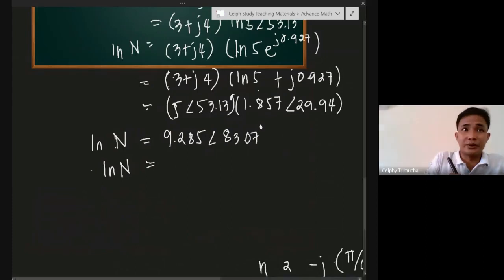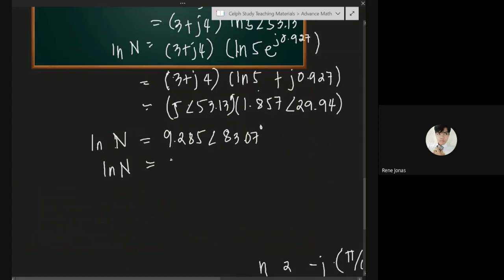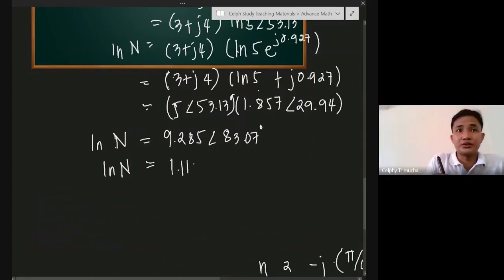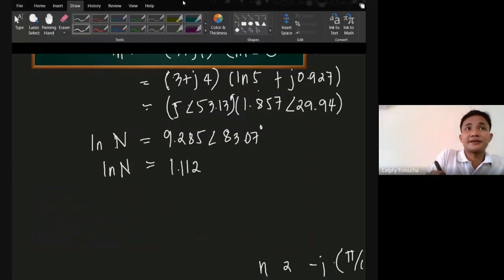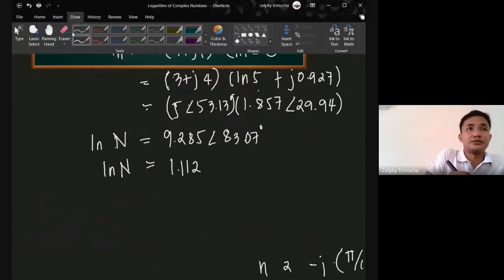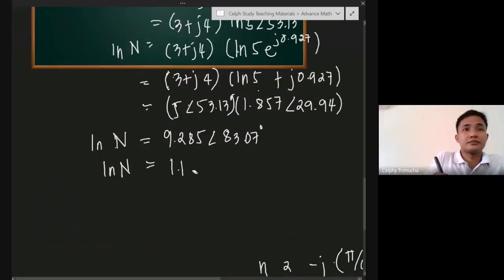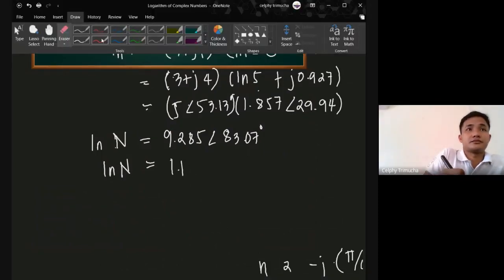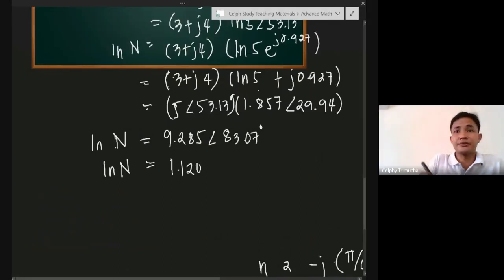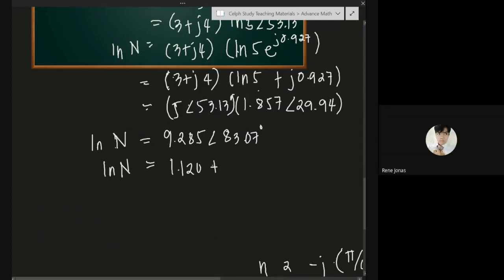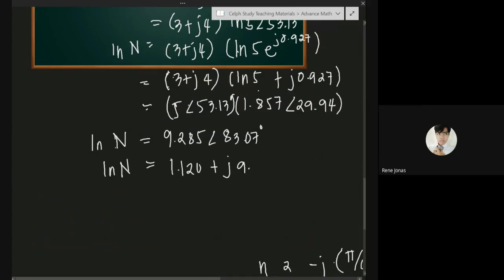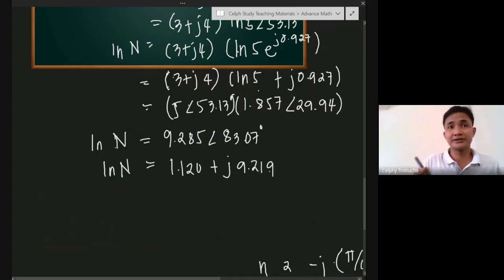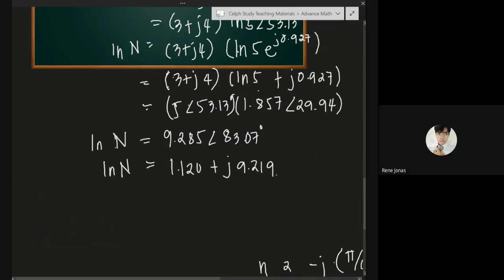So the rectangular form, what is its value? For the real part, we have 1.120. Then plus j times 9.217.